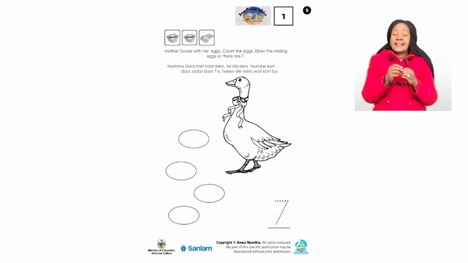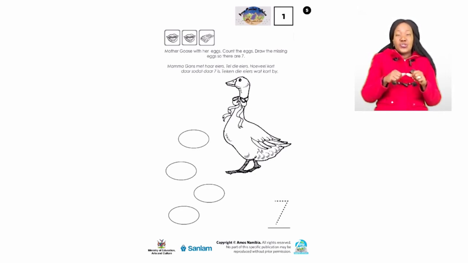But remember, she needs to have 7 eggs. How many more eggs do you draw to make 7? The best thing that you can do is to count up to 7 as you draw. So first count the ones in the picture and continue until you get to 7.